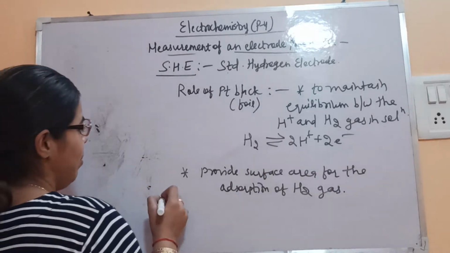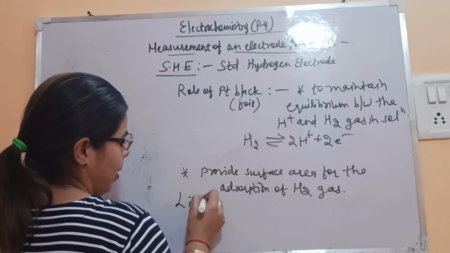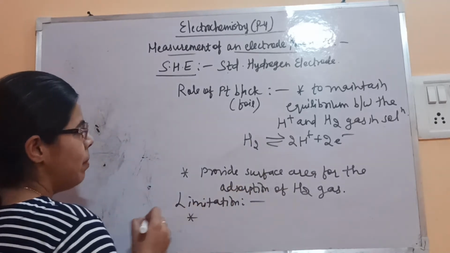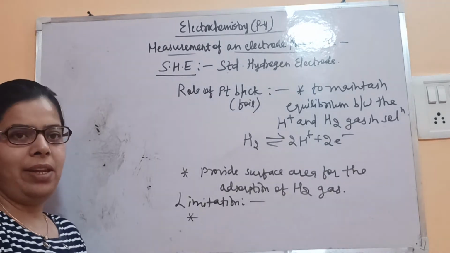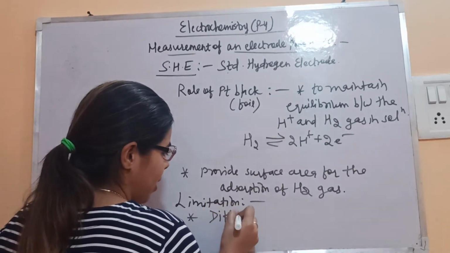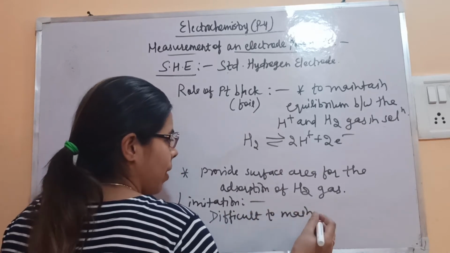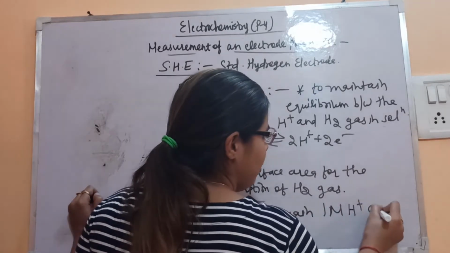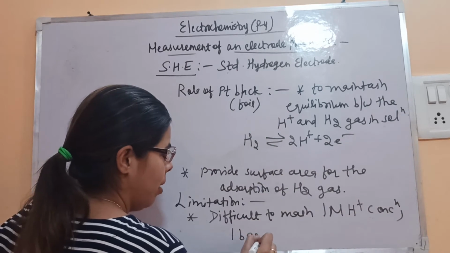Now let's see its limitation. What is the limitation? As we are talking about standard conditions, those standard conditions are difficult to maintain, like 1 molar H plus concentration and 1 bar pressure.